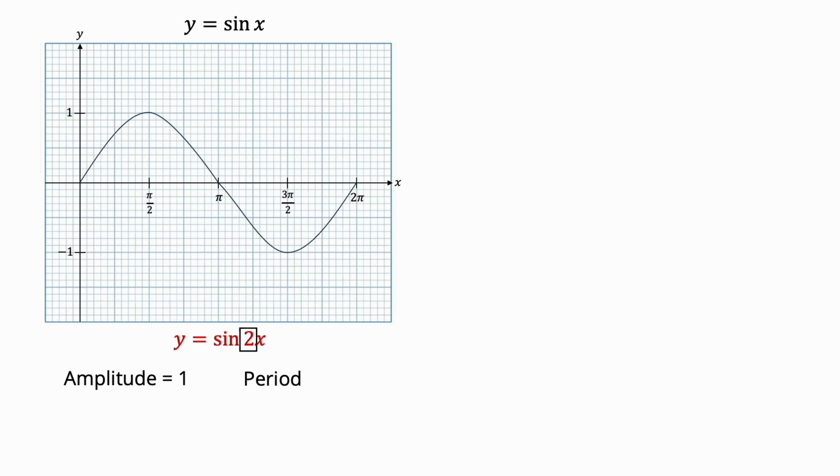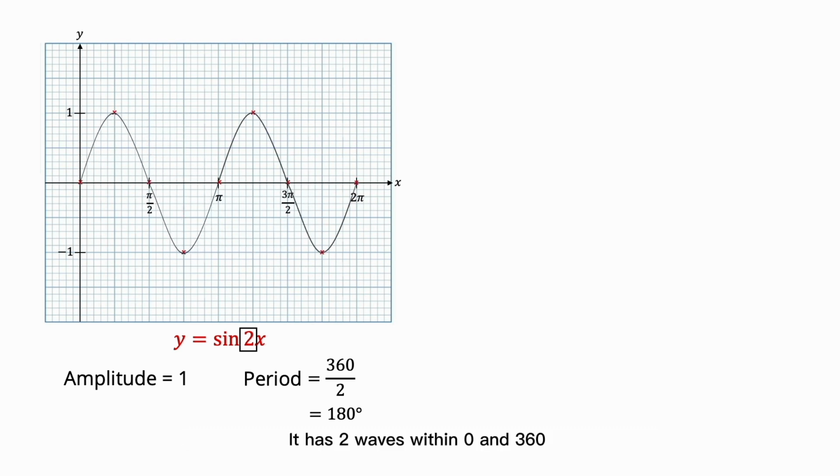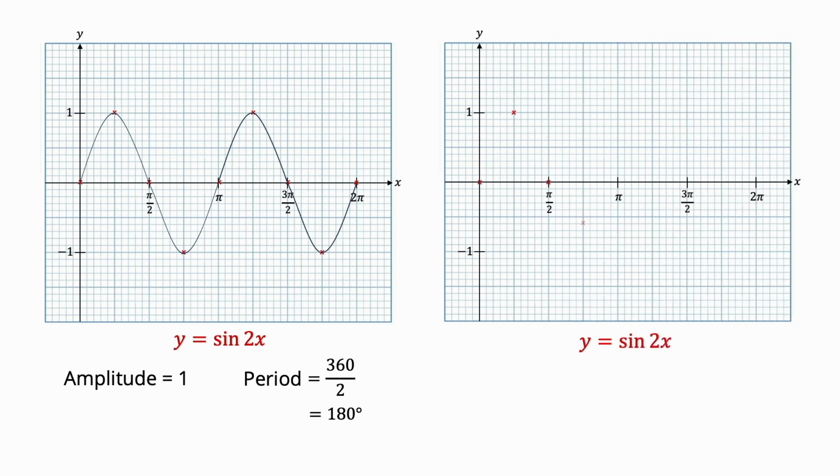For sin 2x, its period 360 divided by 2 equals 180 degrees. This means it completes one cycle in 180 degrees. Let's see how sine compresses and forms a graph of sin 2x. It has two waves within 0 and 360 degrees. This is how the graph of sin 2x is formed.